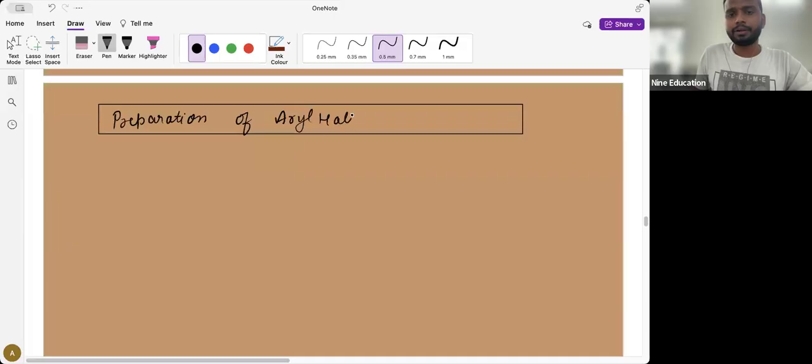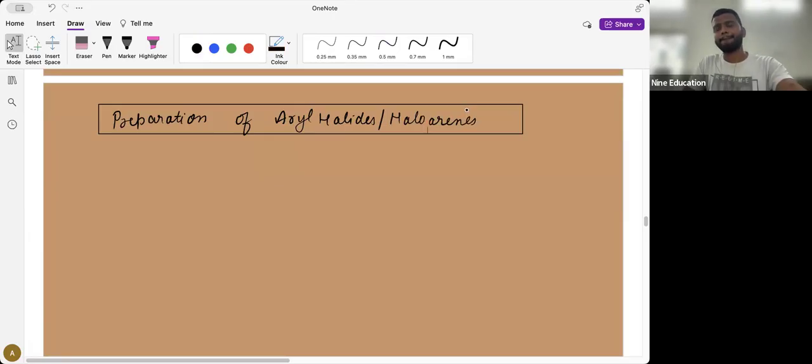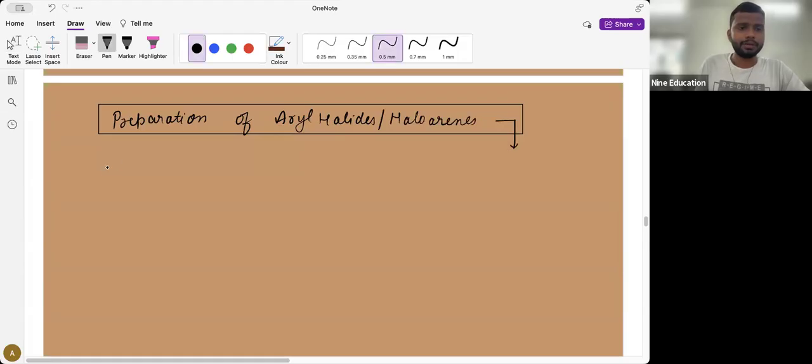Aryl halides, you can also write haloarenes. So what are haloarenes? Let's say we have benzene, an aryl group, and I have an X group on benzene.